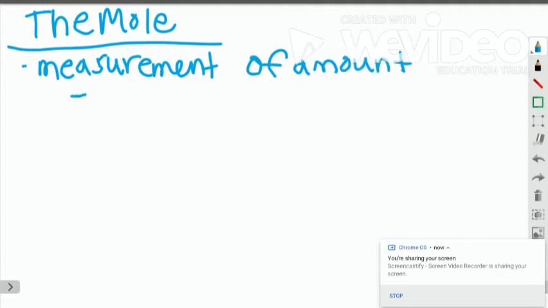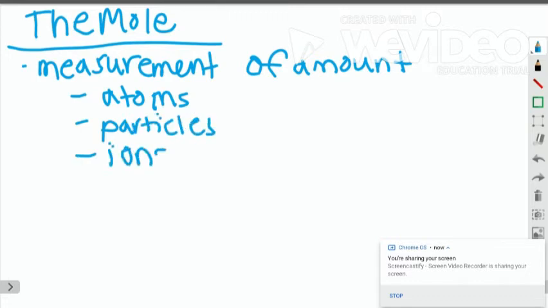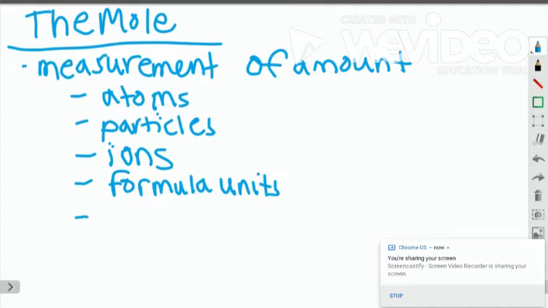And that amount can either be atoms, particles, ions, formula units, and molecules. So we will be able to convert moles to things that are atoms, particles, ions, formula units, molecules of a compound.